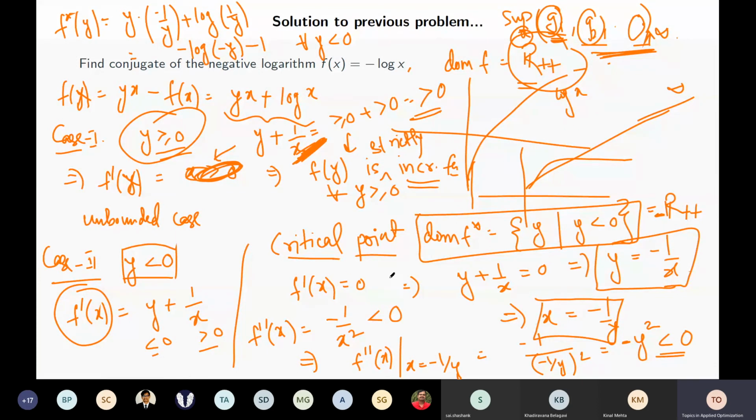Then we go ahead and see whether there are points in the domain where it can reach a maximum. Whenever y is chosen to be minus 1 over x, then it hits the maximum. So y will have some kind of neutralizing effect along with x in these functions, so that it will get to some maxima.